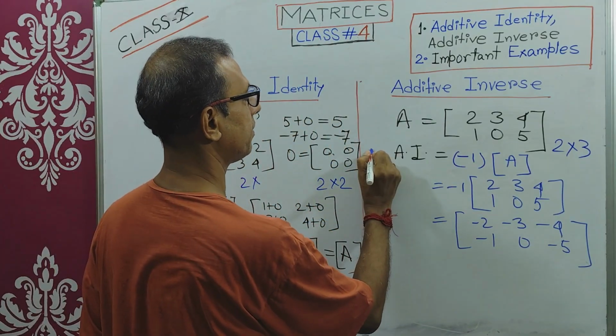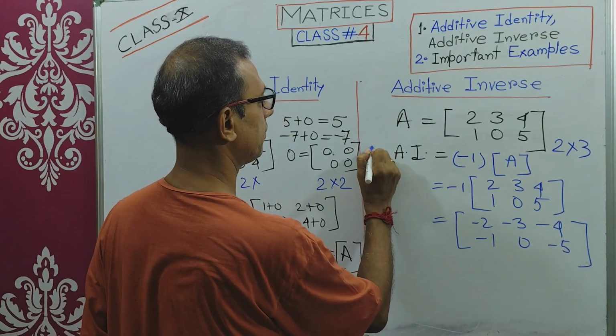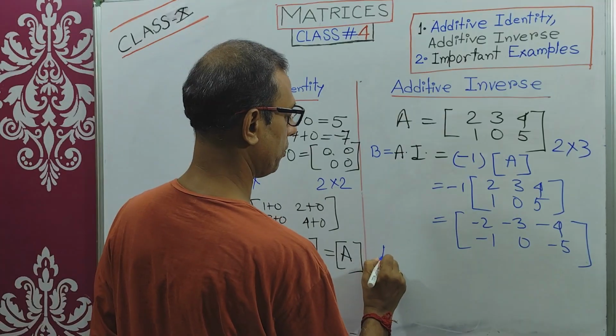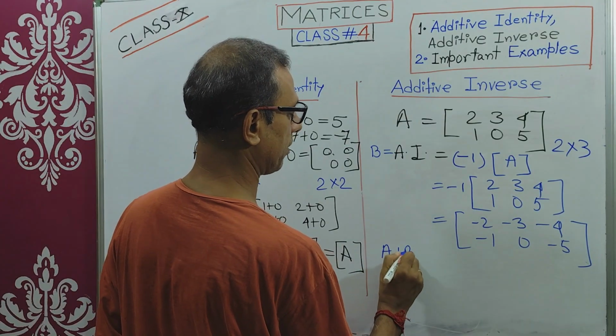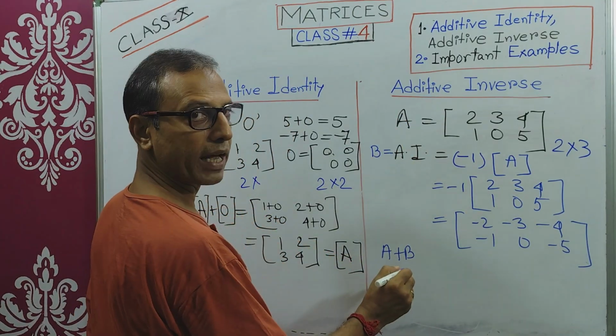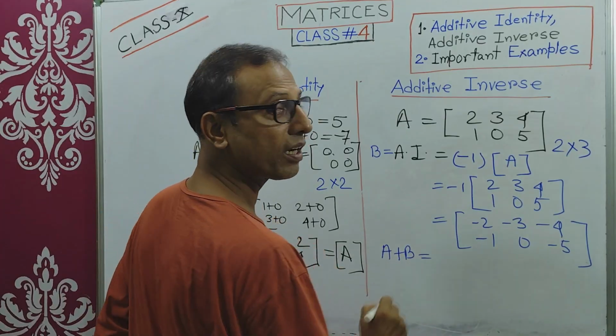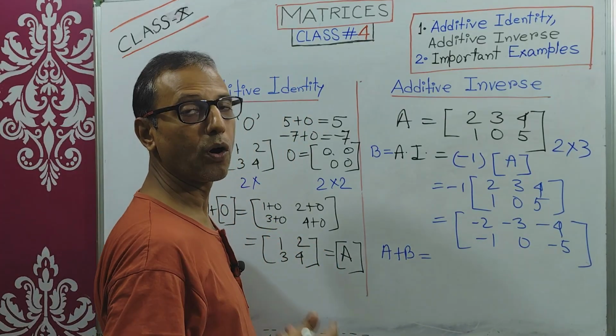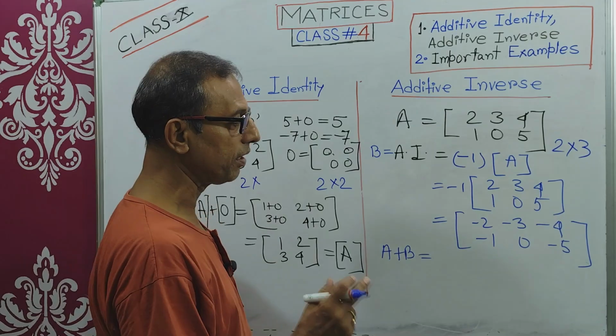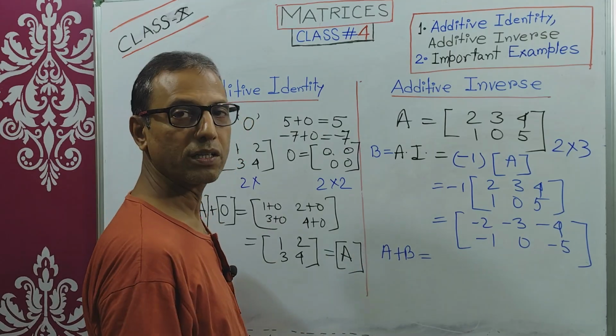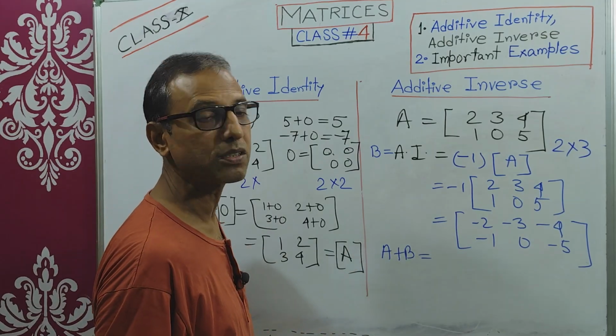Let's say this additive inverse is termed B. If you sum up A plus B, that is, the matrix with its additive inverse, it will return a null matrix. For the number system, it returns 0; in the matrix system, it returns the null matrix.